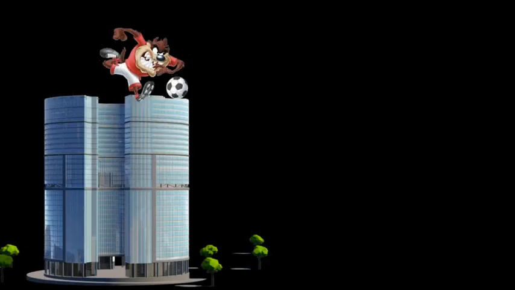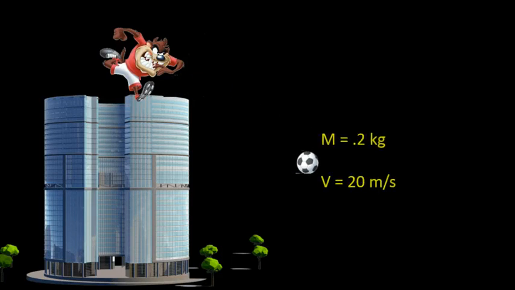And as an example, let's say we have Taz kicking a soccer ball off a roof. And so the mass of the soccer ball is 0.2 kilograms. The velocity at that moment where the ball is halfway falling down, well, we're going to say that the velocity is 20 meters per second.